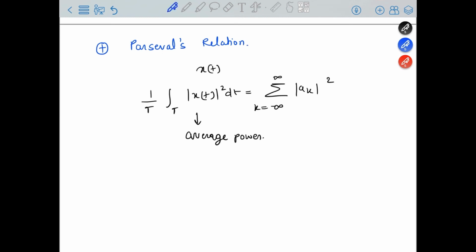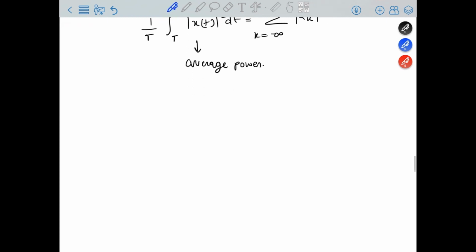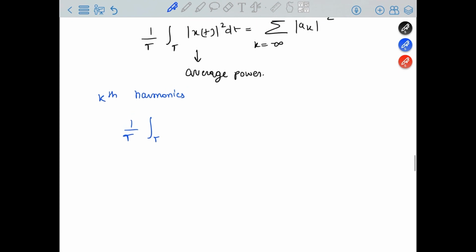This can be shown for, suppose we discuss the kth harmonic. So, for the kth harmonic what can we write? We can write 1 over T integral over T. We will replace x(t) with its Fourier series representation.